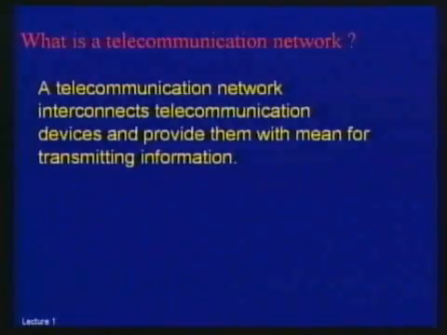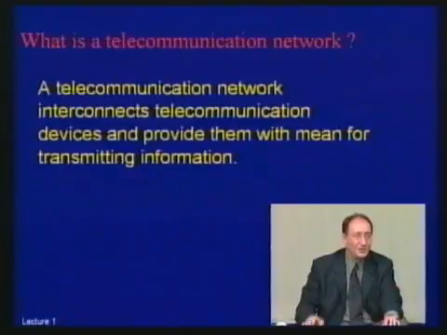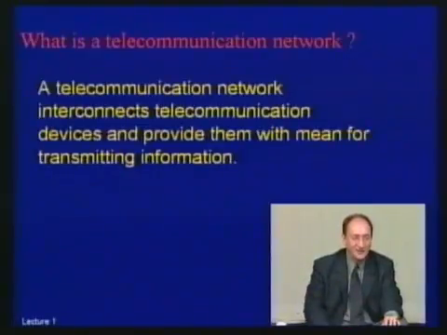As far as the overview of telecommunication networks is concerned, we started with the definition of a telecommunication network, which is basically a railroad system, or road system, if you want to call it. That's a traffic backbone. And then the traffic is the information that you send over this highway, if you want to call it the information highway.